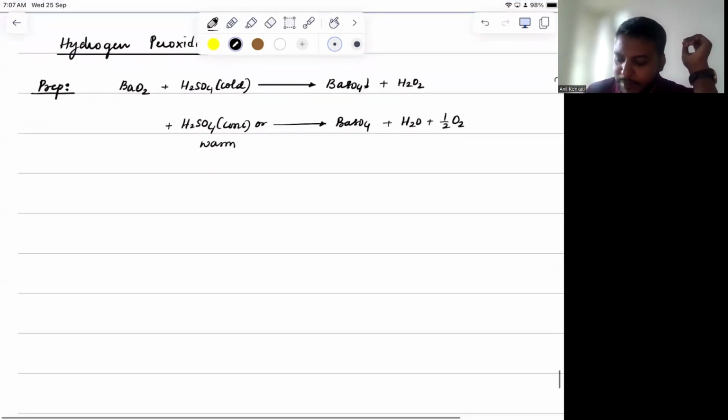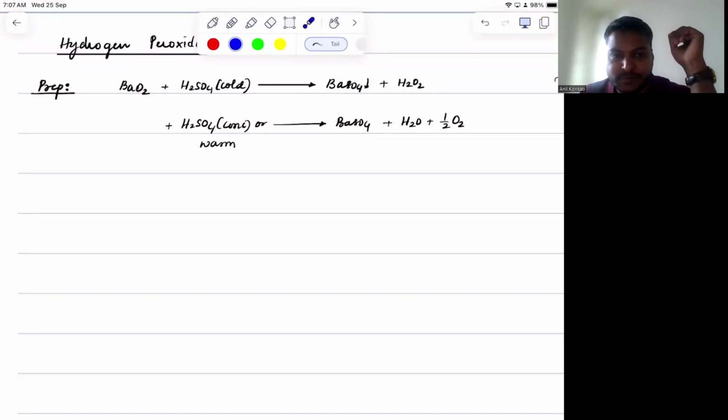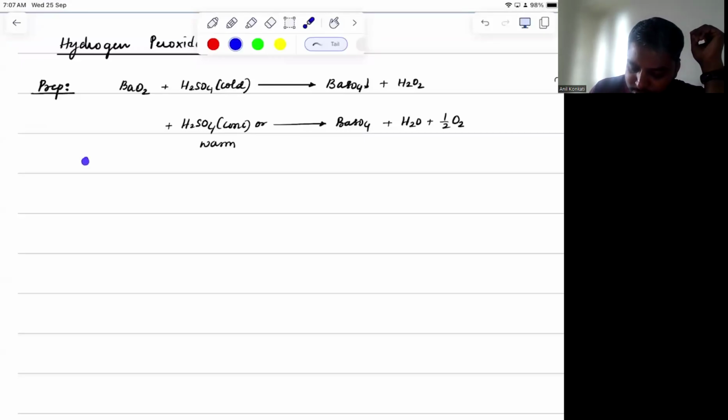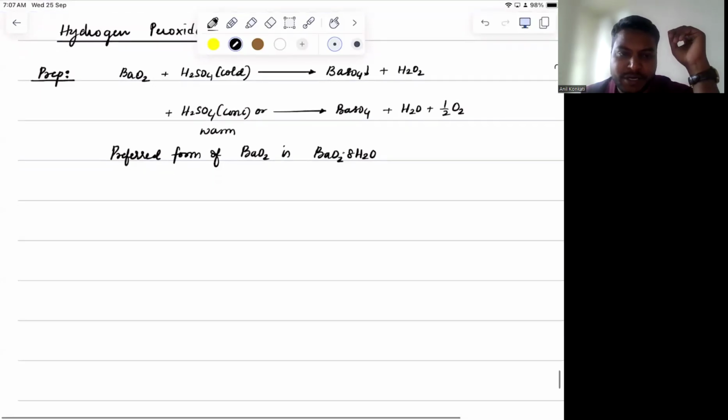Got it? In fact, barium sulfate is a white PPT and it forms a layer around the barium peroxide, which also reduces the rate of the reaction. So the preferred form of barium peroxide is BaO2.8H2O. When you have hydrated barium peroxide, that precipitation and layer on the surface will be avoided.